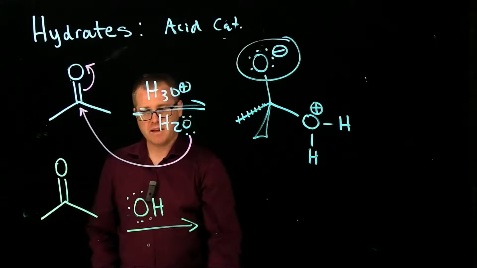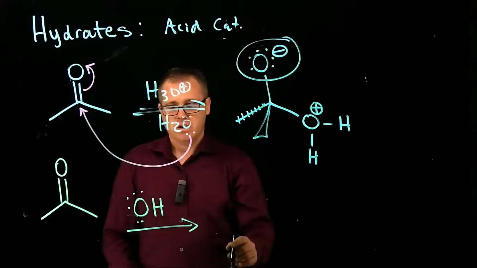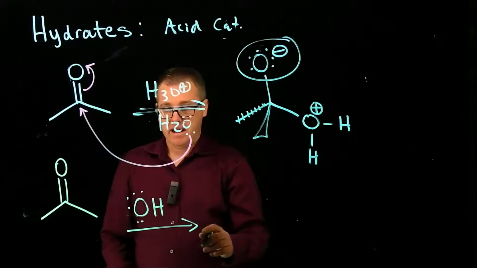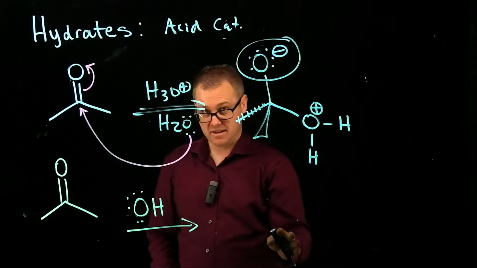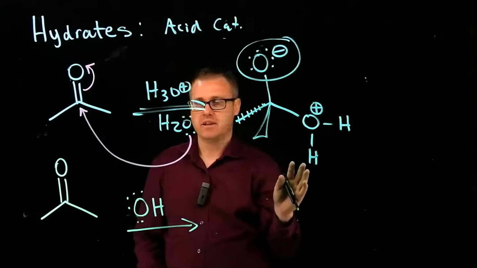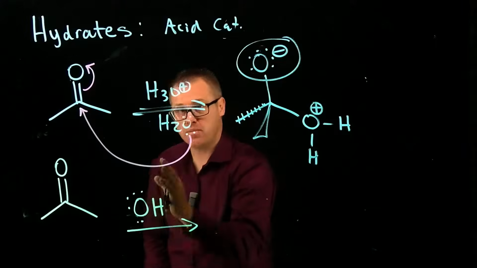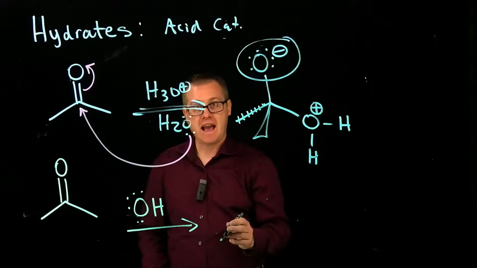So what's the real mechanism? The base comes in and attacks, right? So if you generate in one of your products an acid under basic conditions, that's not possible. You're under basic conditions. You cannot generate an acid.